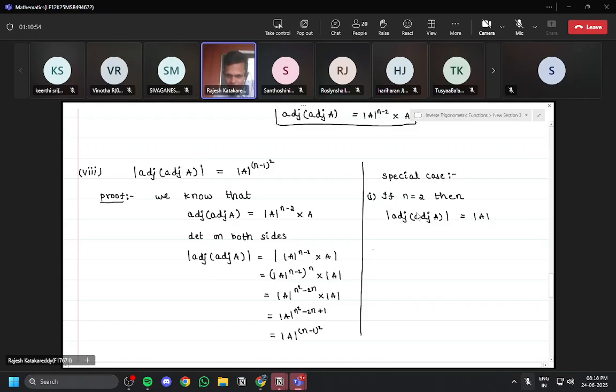For an order 3 matrix, if n is equal to 3, then determinant of adjoint of A will be equal to det A to the power 3 minus 1 whole square. 3 minus 1 is 2, 2 square is 4, you will get det A to the power 4.